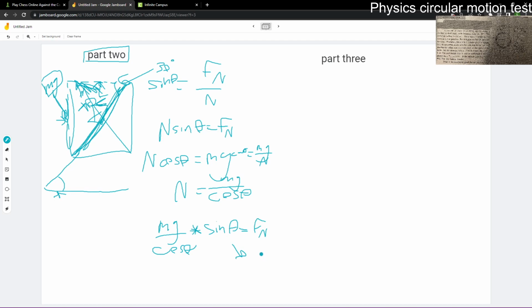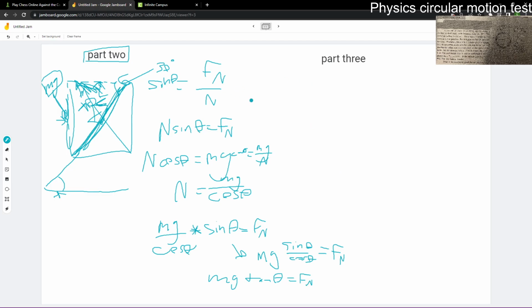So mg sine theta over cosine theta equals the normal force, and with that, mg tan theta equals the normal force.